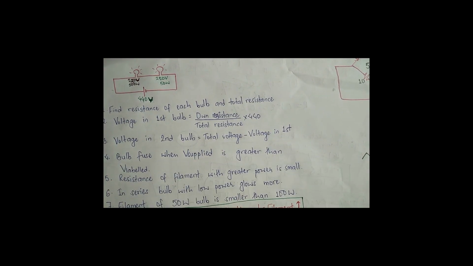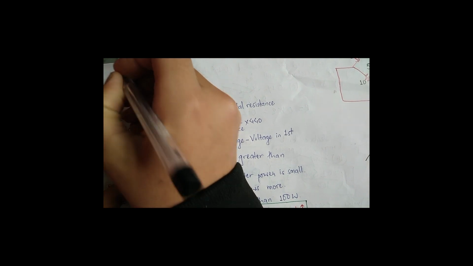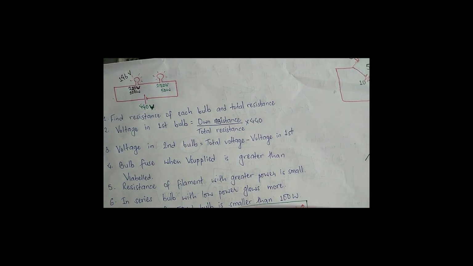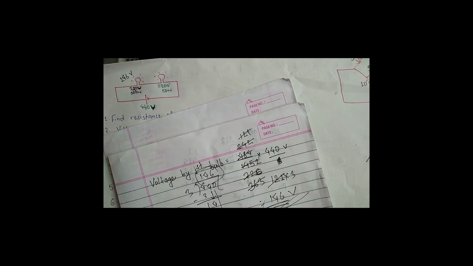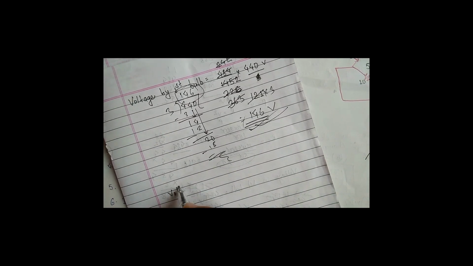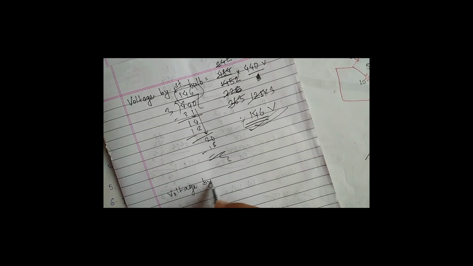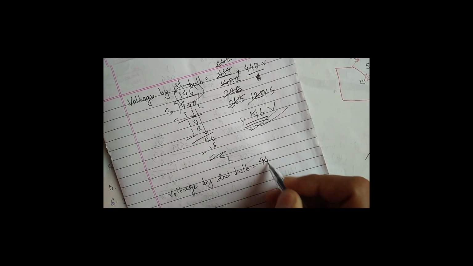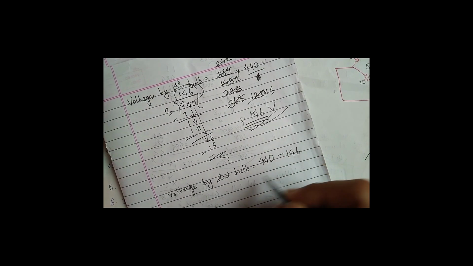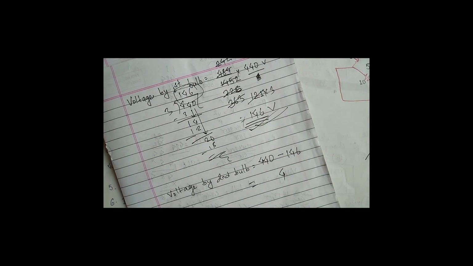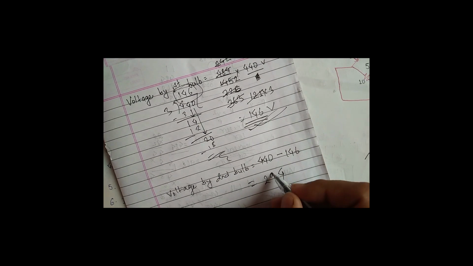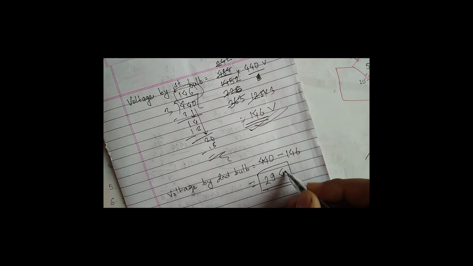So now voltage across the first bulb is 146 volt, and then voltage across the second bulb means 440 total supply voltage minus 146, it will be 440 minus 146, it will be 294 volt.